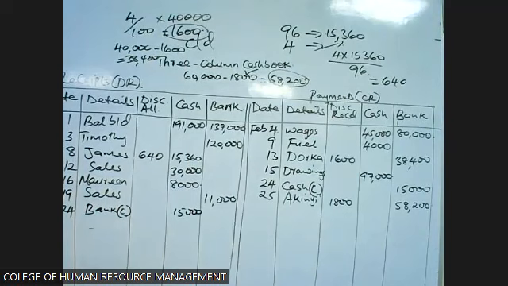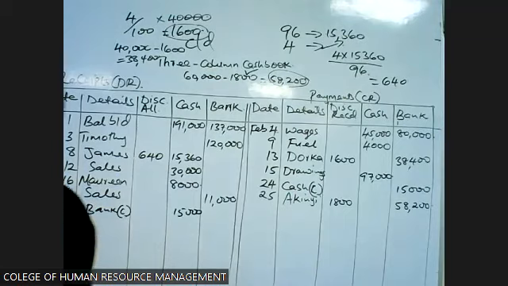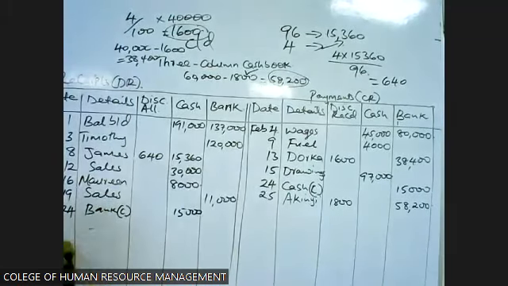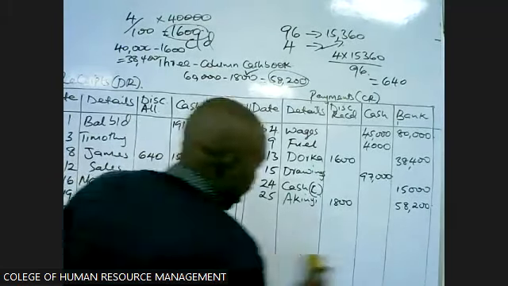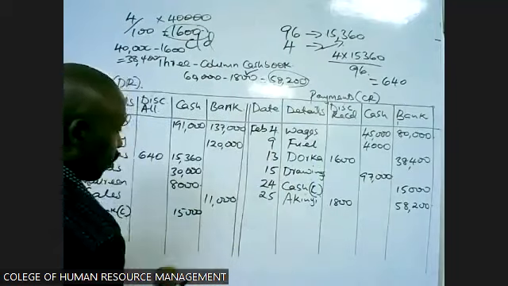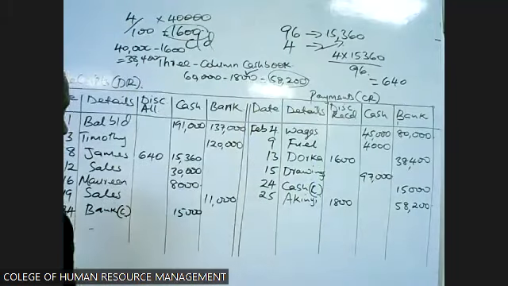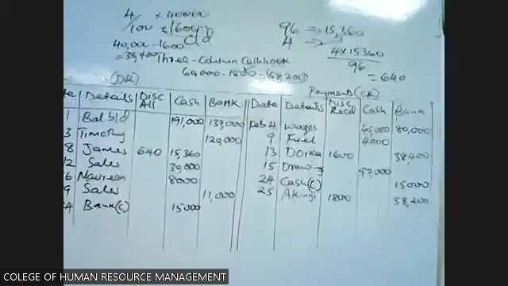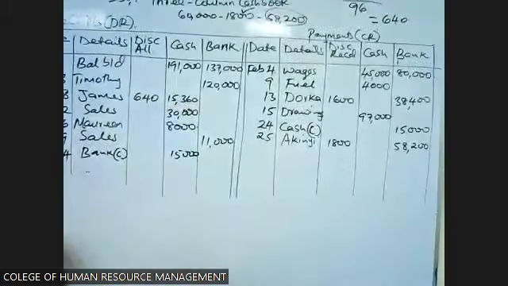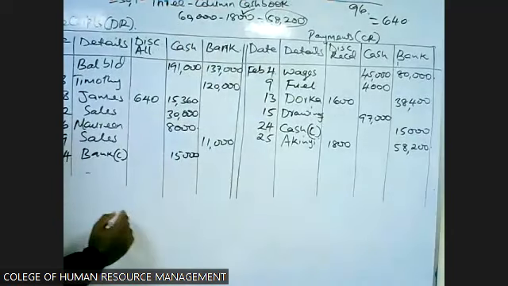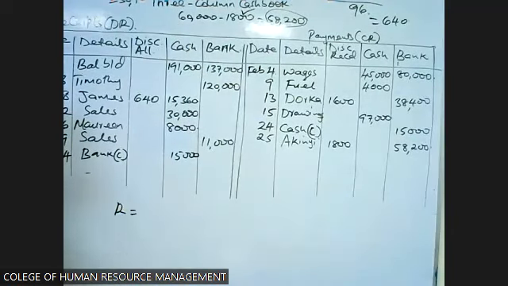So we are depositing all the cash except 9,000. The procedure is, how much cash balance do we have before we transfer to the bank and remain with 9,000? So I told you, you add all the cash that was received. On our cash column on the receipt side, how much did we receive?